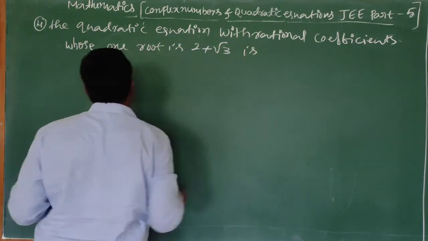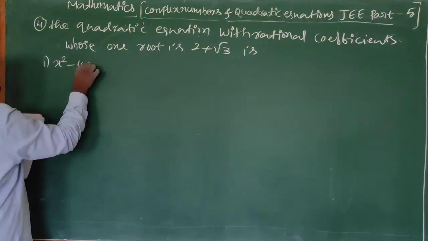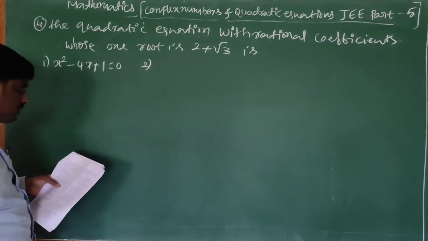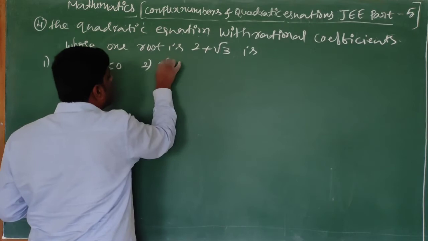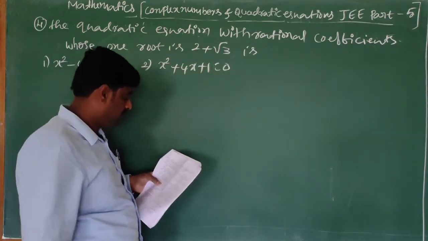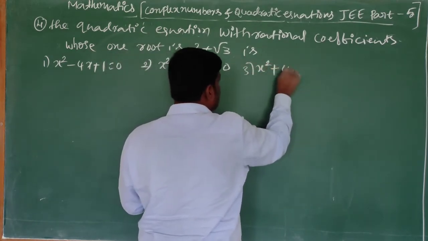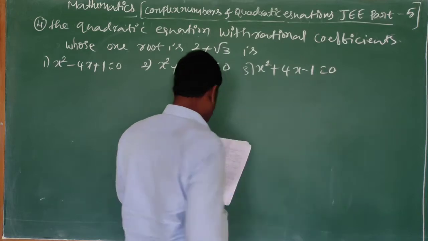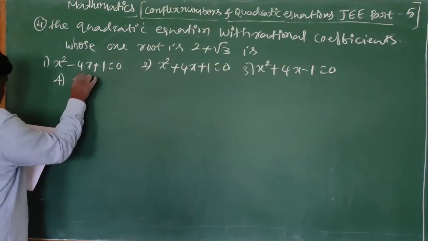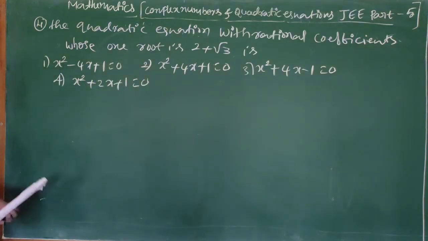So the first option is x square minus 4x plus 1 is equal to 0. Second option is x square plus 4x plus 1 is equal to 0. Third option is x square plus 4x minus 1 is equal to 0. Fourth option is x square plus 2x plus 1 is equal to 0.